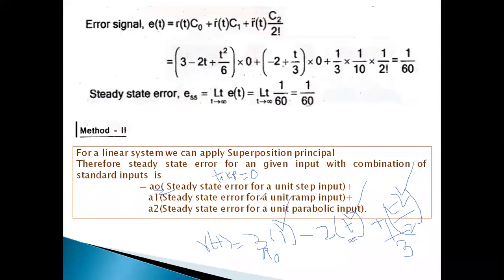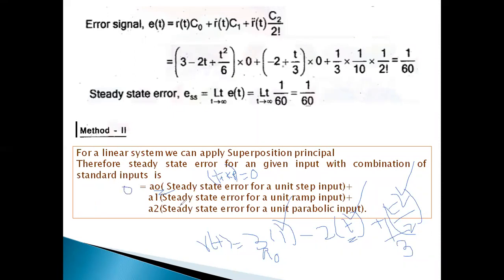Alternative method, this is if the input is a combination of standard inputs. Here this is unit step, this is unit ramp, parabolic. Already we have calculated this Kp value, that is infinity. Substitute in this, you will get steady state error as 0. So first term, you will get 0.